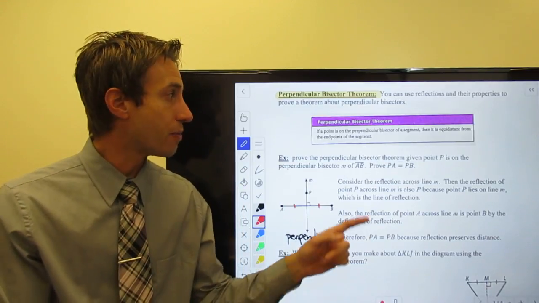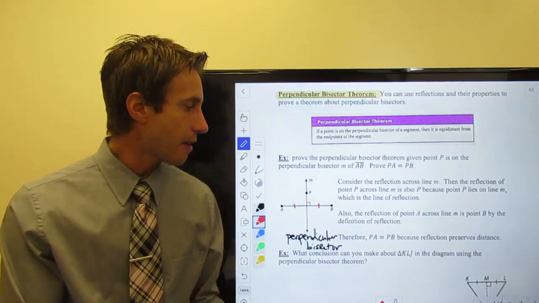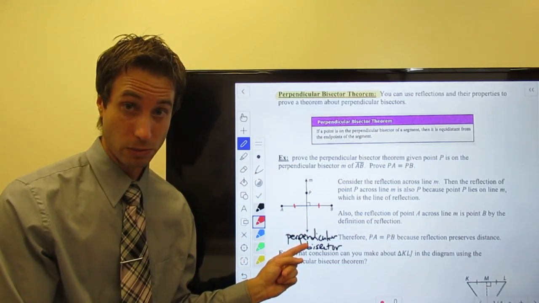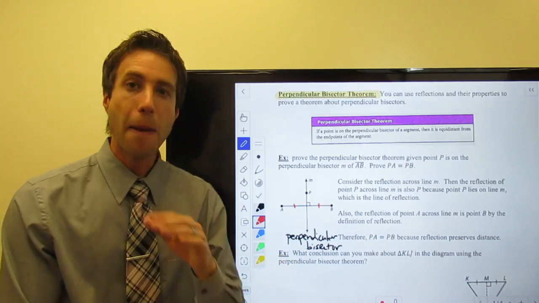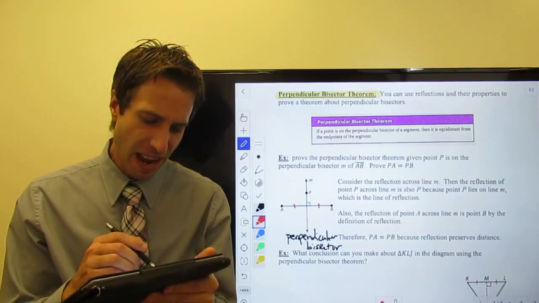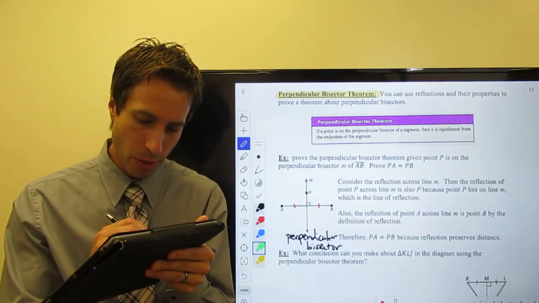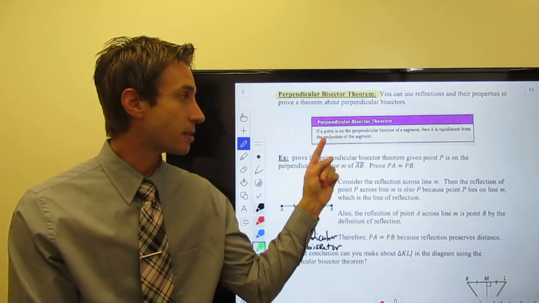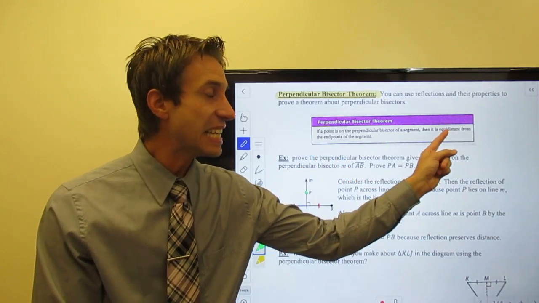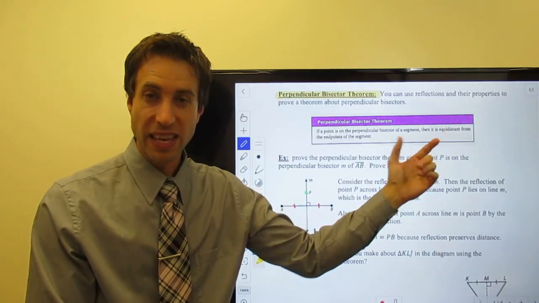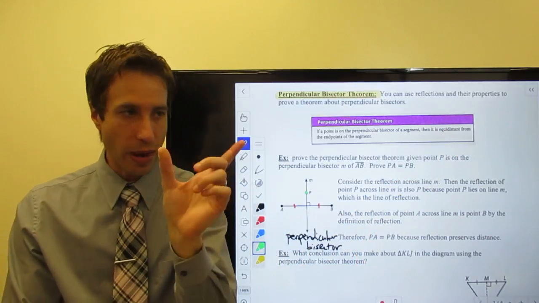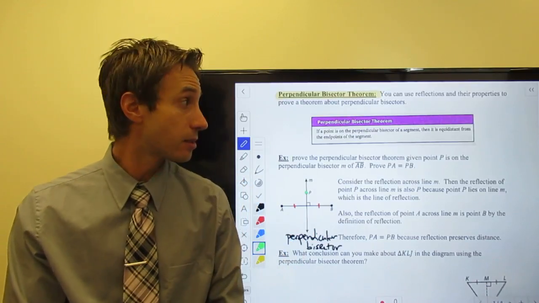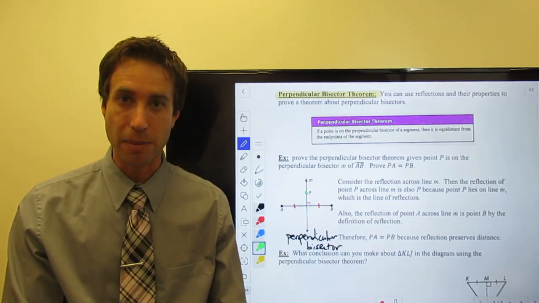Now here's what the theorem says. If you have a perpendicular bisector, and we do, pick any point you want to. I've picked a point for you, point P. Here's what the theorem says: point P is equidistant, which is just our way of saying in one word, equal distances, from the endpoints.